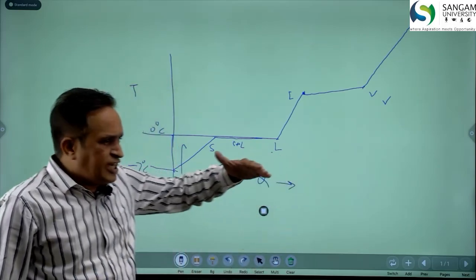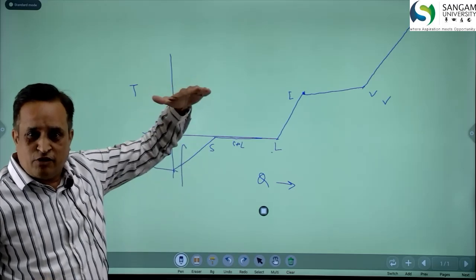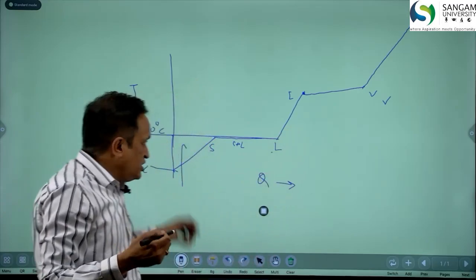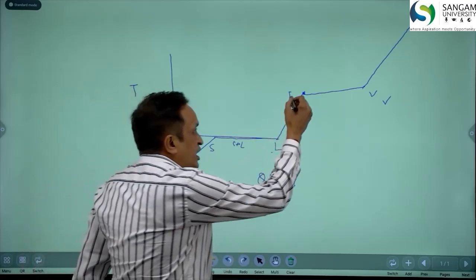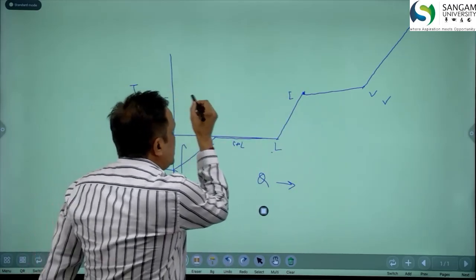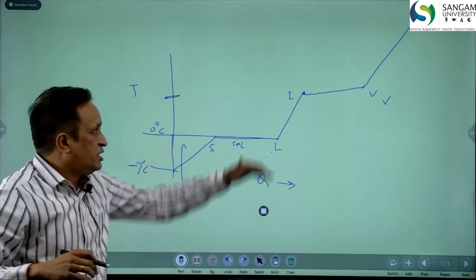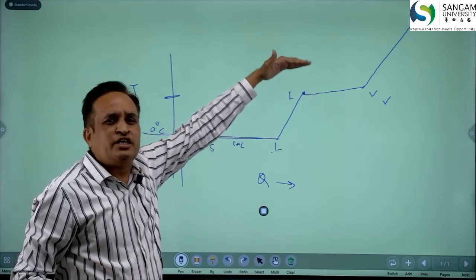Now, this was the case, let us say, for some increased level of pressure. If I increase the pressure and simulate this again, I will see that the temperature at which it started boiling earlier will now increase. Let us say I was working at atmospheric pressure, but now I'll be working at, let's say, 2 bar.